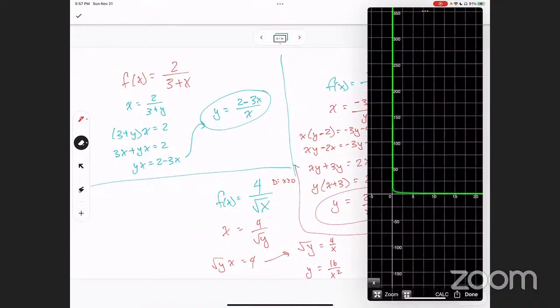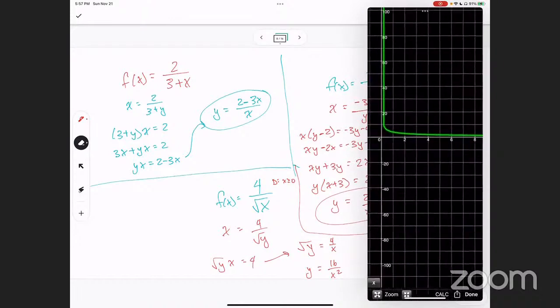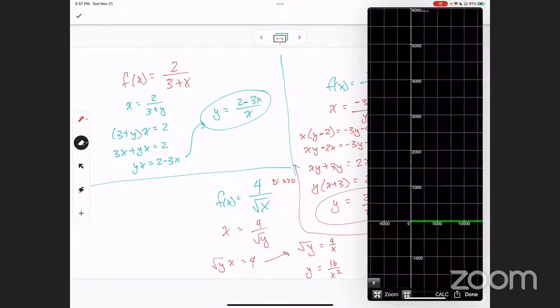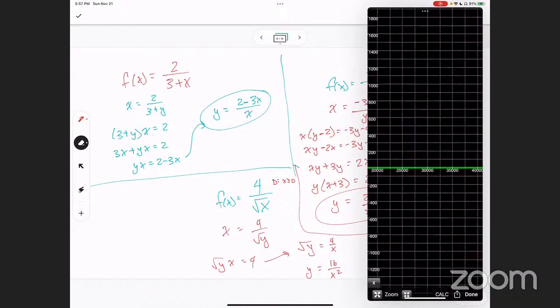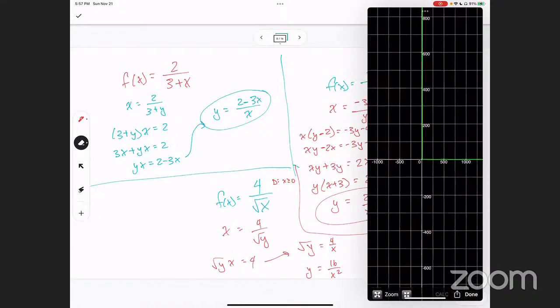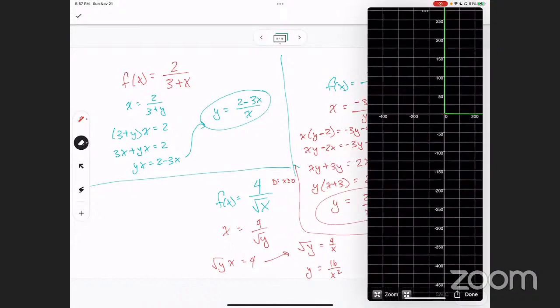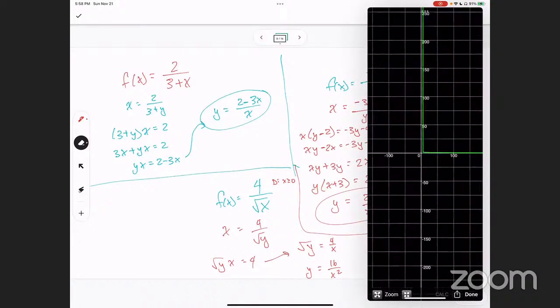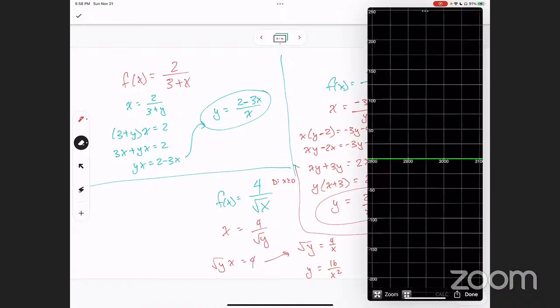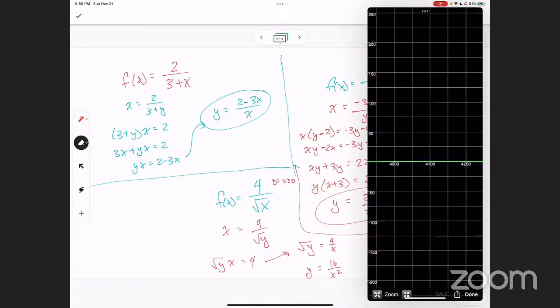Okay, so it's a 1-to-1 function, I believe. Let's zoom out a lot, make sure it's not doing something else. Yeah, it's got a vertical asymptote and a horizontal asymptote.